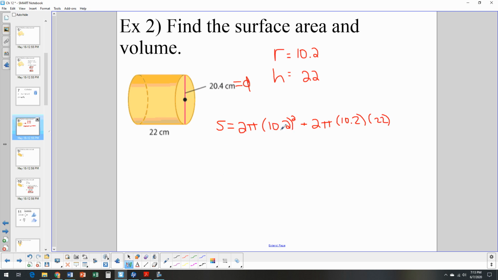So we're going to do this part first, and I'm not going to multiply by pi. I'm going to keep pi till the very, very end, just in case they ask for an exact answer. Just so you know, if they want an exact answer, that means pi should still be in the answer. You should not have multiplied by its equivalent. So 10.2 squared times 2 is going to be 208.08 pi.